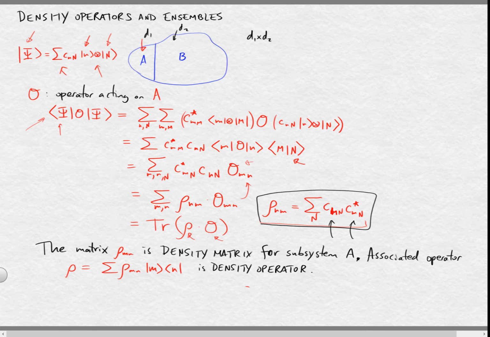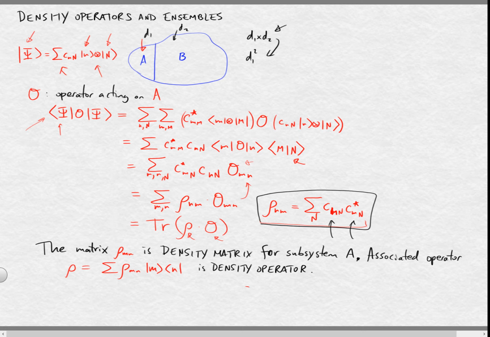Now this density matrix is a matrix with D1 squared entries. So for example, if D1 is equal to 2, if we're just talking about a single spin, and maybe D2 is really big, then it's a huge reduction in the amount of information, just dealing with this density matrix as compared with dealing with a description of our full state.